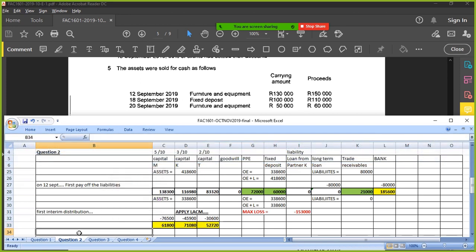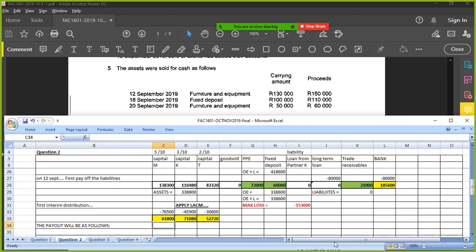All right, so the payout will be as follows. You're going to have minus that figure there, and then you're going to have minus that figure there.